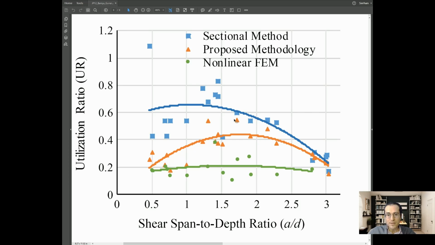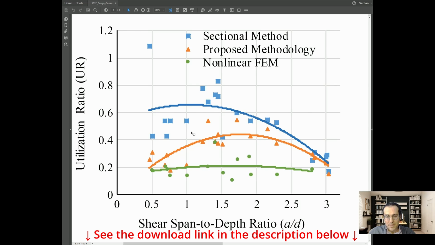You shouldn't be using your sectional method for analyzing anything less than span to depth ratio 2, but we did use it in this study to demonstrate what happens if you use it. You would return significant errors. That error will increase as shear span to depth ratio decreases. In the example, we got really deep members with a ratio of 1. You can see the capacity predictions almost twice the numbers if you use sectional method.